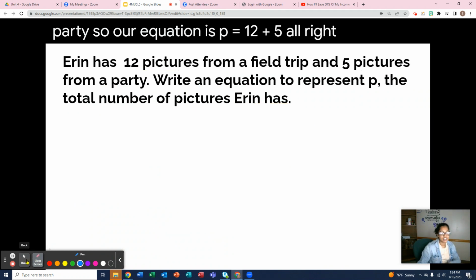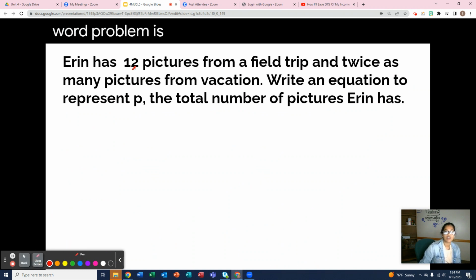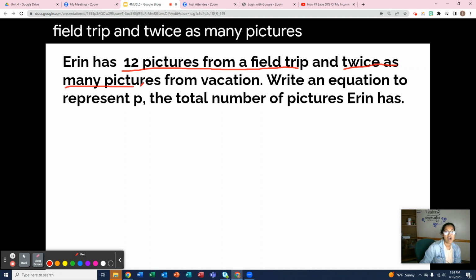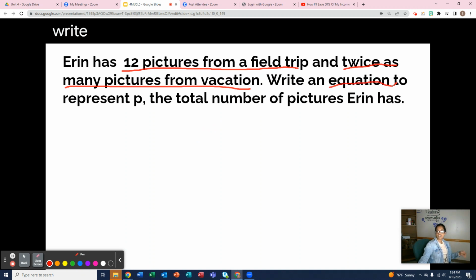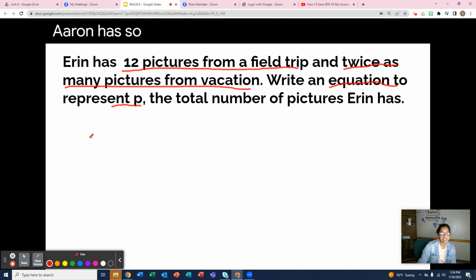All right, let's go ahead and go into our next word problem. So our next word problem is saying Aaron has 12 pictures from a field trip and twice as many pictures from vacation. We're going to write a set of equations to represent P, the total number of pictures Aaron has. So we're going to do the same thing again.